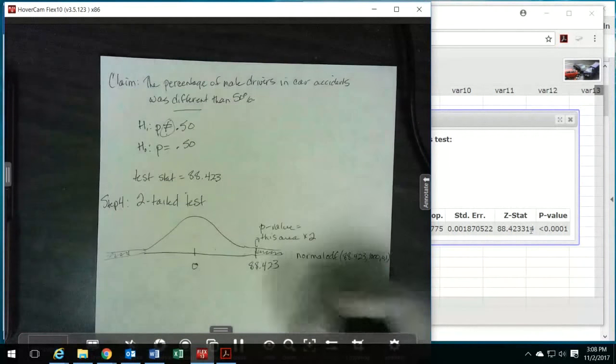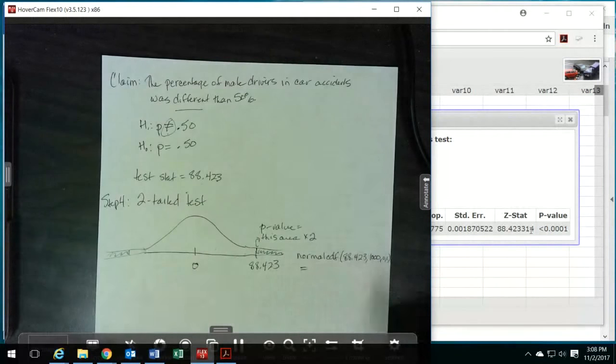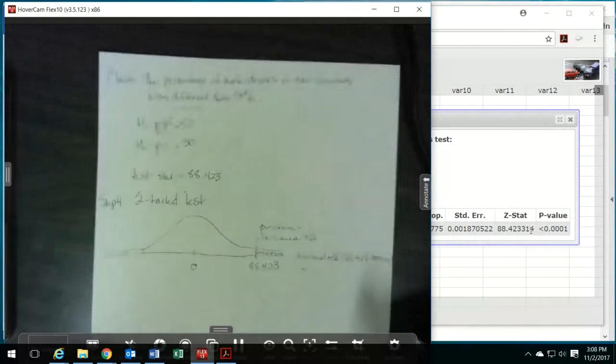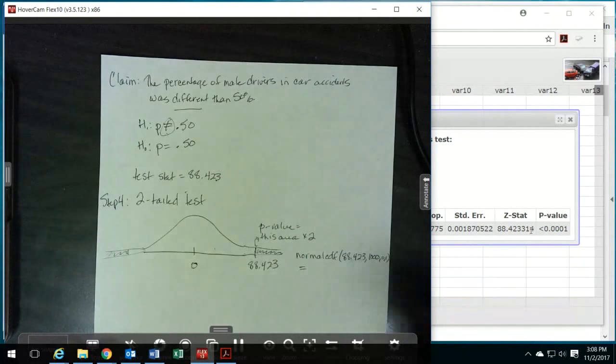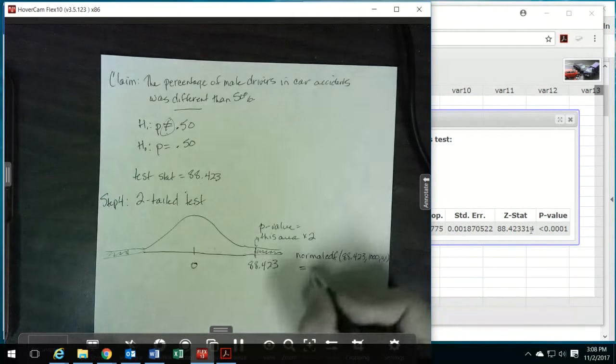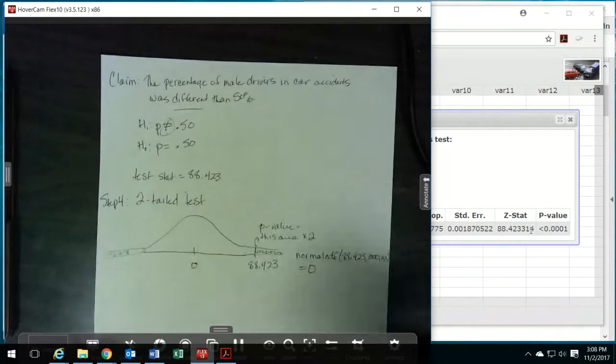Okay, I don't know if I've ever had this happen before. On my calculator, it didn't even give it to me in scientific notation. It just said 0. In other words, it's so small that even the calculator isn't going to bother with how many decimal places it is. So if I did this on my calculator, it came out to be 0.